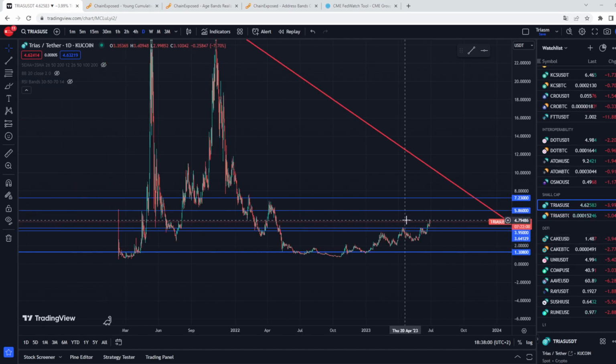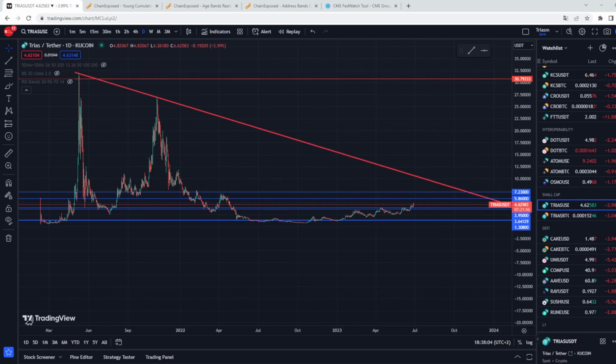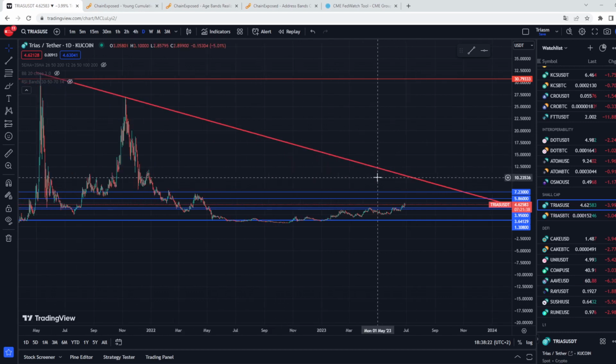I see that as a good sign for price continuation. Then the fundamentals can revolutionize the industry because it's a scalable, automatic system that can validate transactions automatically, even without miners. So with AI, for example, I think it's a good project.